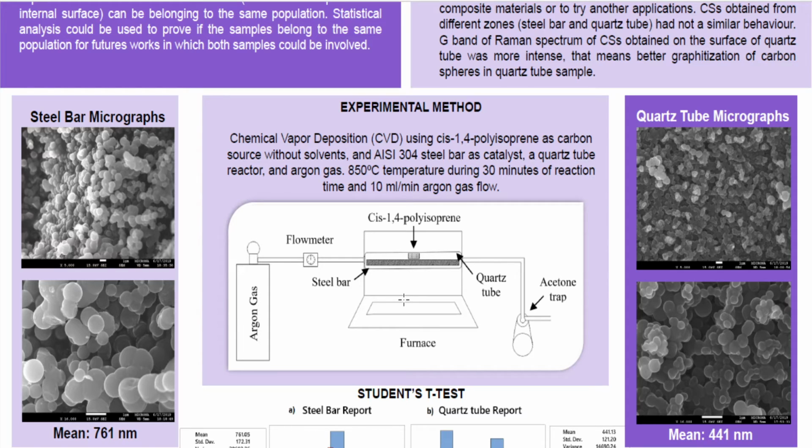The statistical analysis showed the behavior of the data for both samples of carbon spheres, and it was possible to prove that the two samples cannot be considered the same sample and must be used separately in subsequent studies.